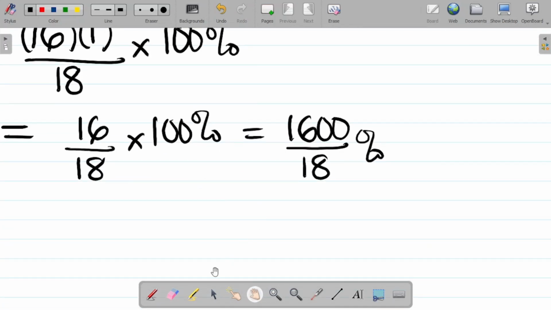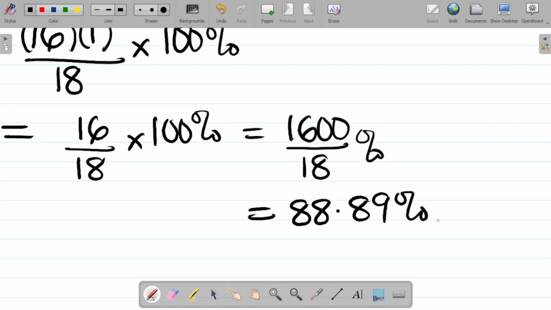So I'll just punch 1600 divided by 18, that gives about 88.89 approximately percent. So that's my answer.